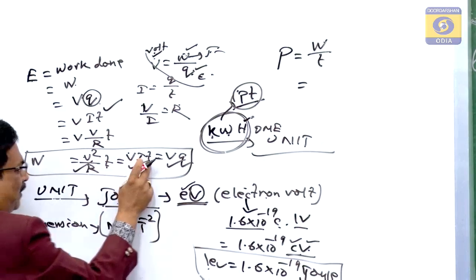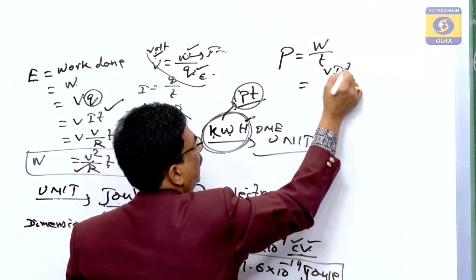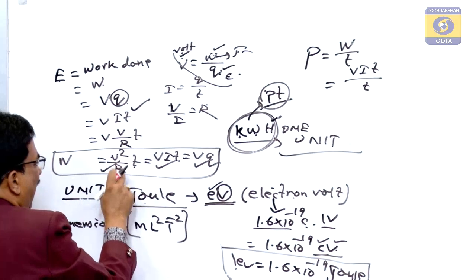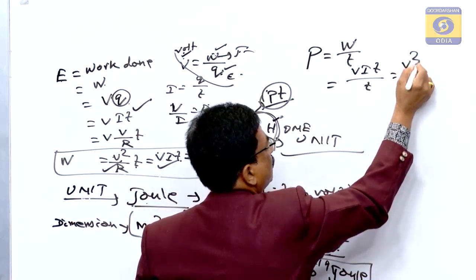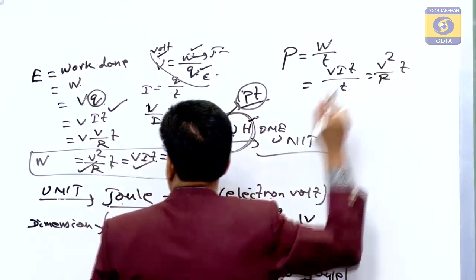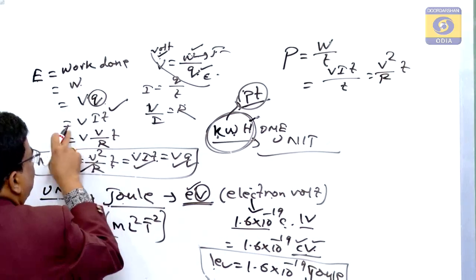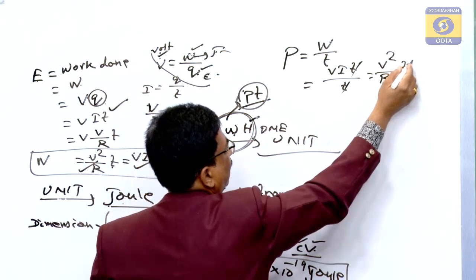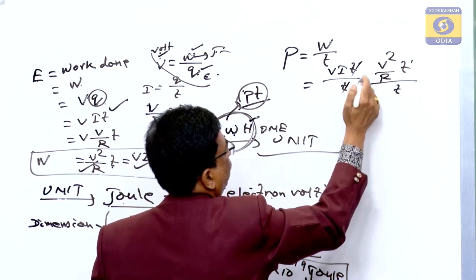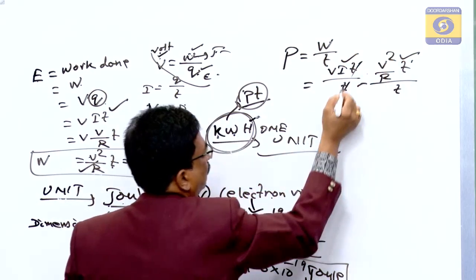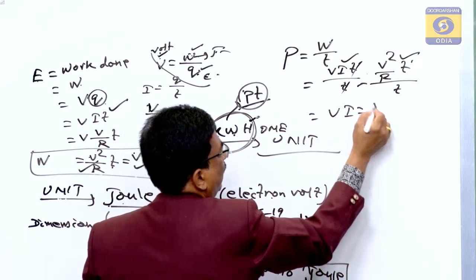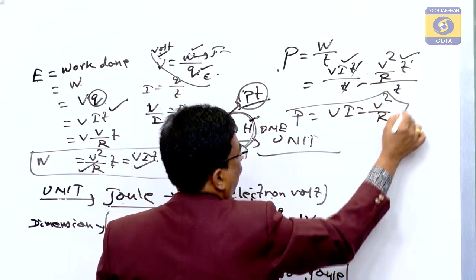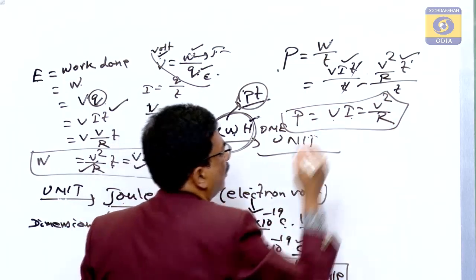W is equal to VIT, or V square by R into T. So if P is equal to W by T, then T cancels with T. So P is equal to VI or V square by R.